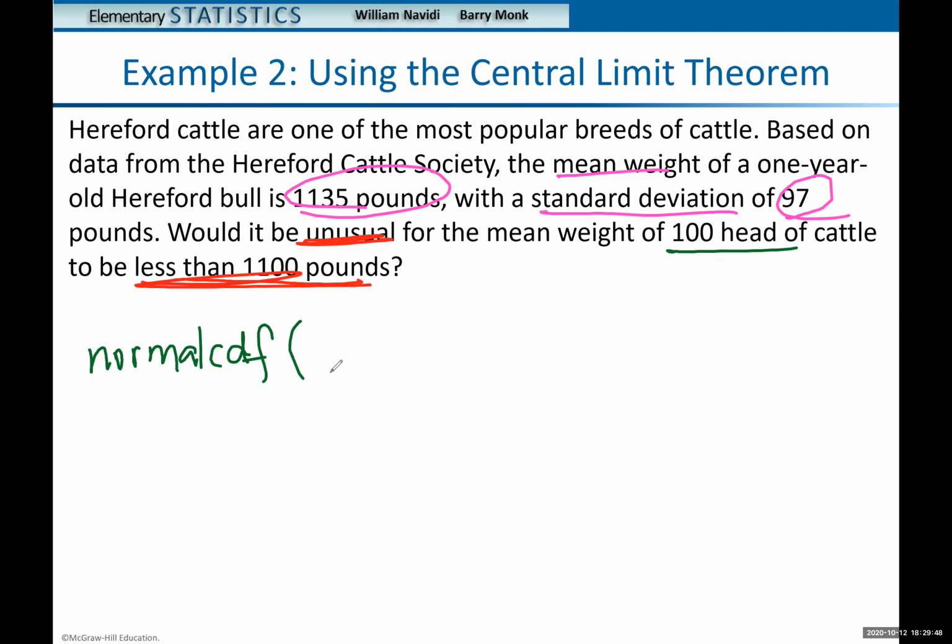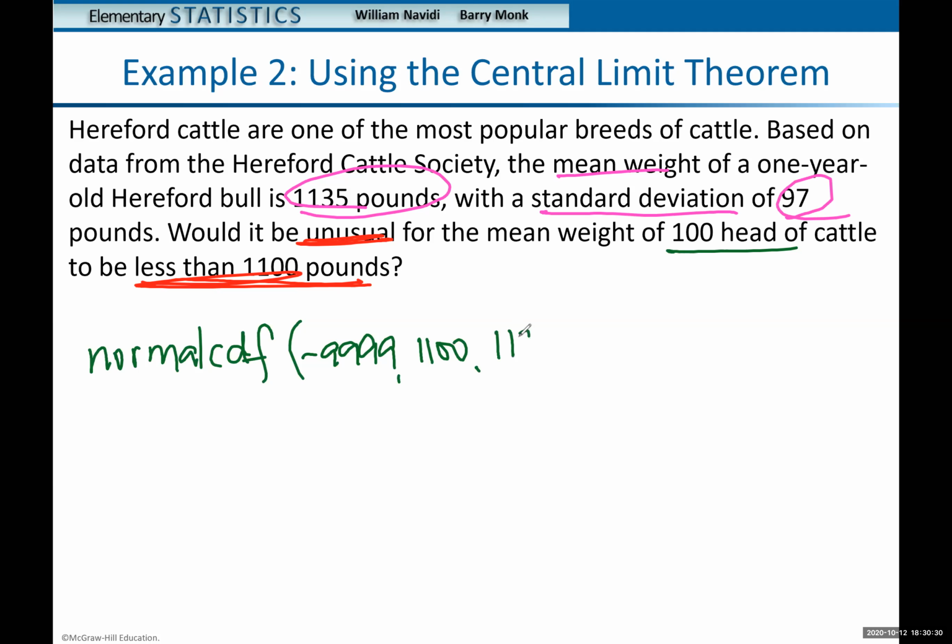What is lower? Yes. So meaning your upper is 1100. Now the mean is 1135.